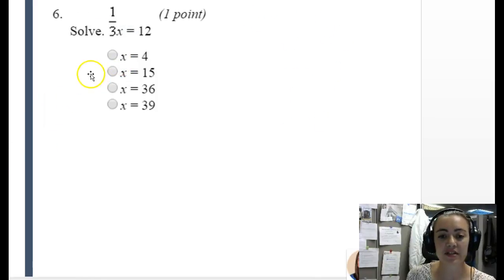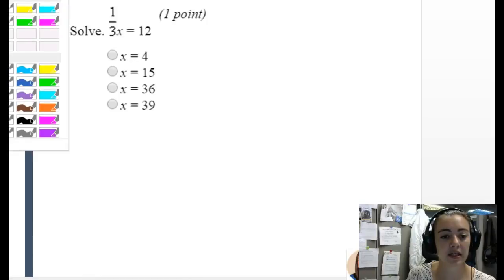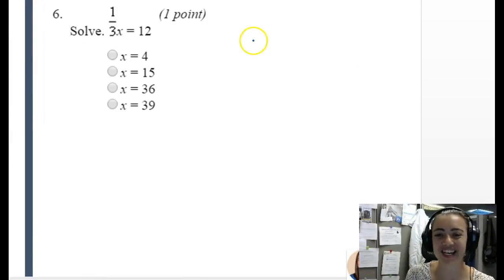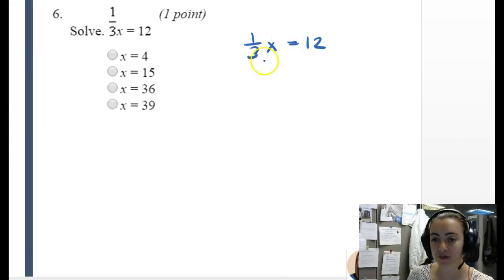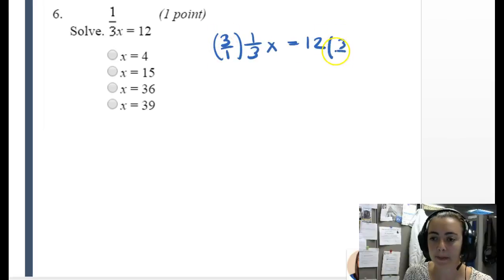Now for number 6, we're solving again. This time it's 1/3 x equals 12. There's a few ways that you can go about this. Whenever I see a fraction multiplied by a variable, I think let's do the reciprocal. So that's where you flip the numerator and the denominator. So 3 divided by 1, or 3 times 1/3.